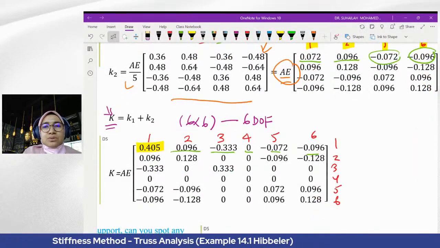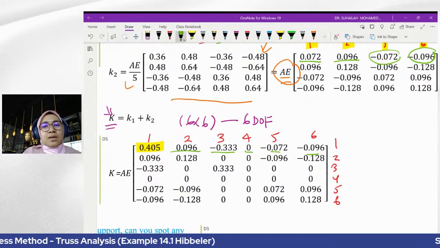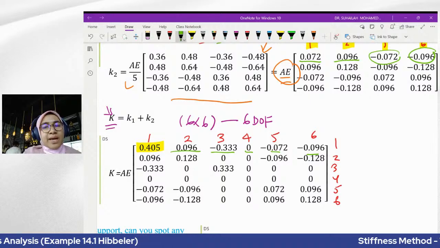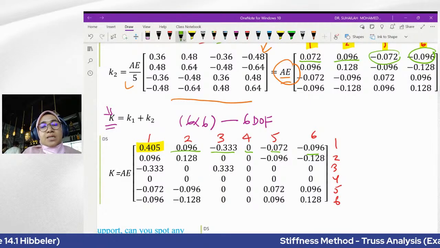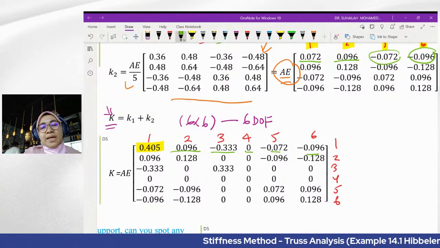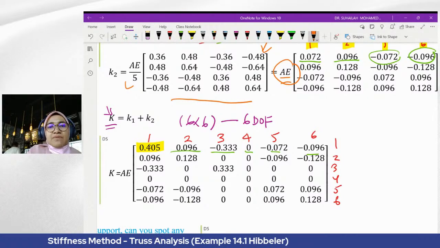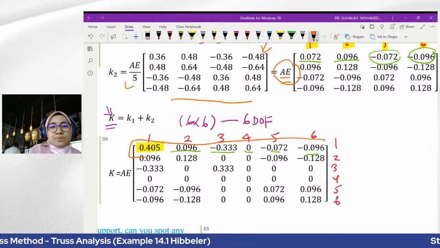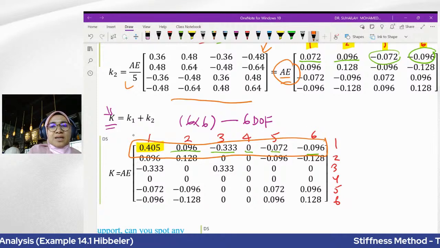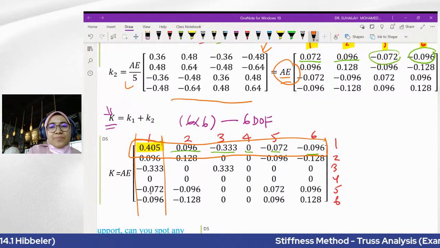Because this is a matrix, and a matrix is always symmetric, this value is equal to this value.